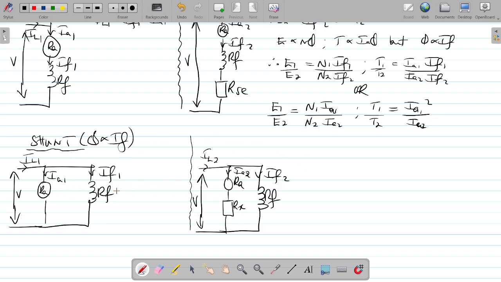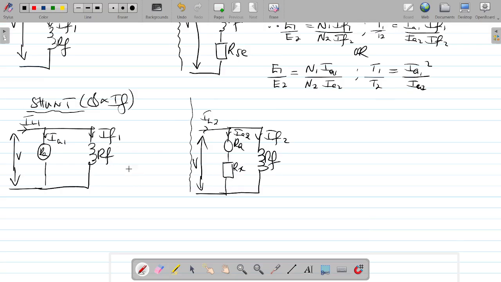In such a case as this one, you've read the statement that flux is proportional to the field. Now what's bound to happen? Let me create values like, let's say they give us a terminal voltage of 400 volts, field resistance of 200 ohms. Same as the new circuit, you'll still have terminal voltage 400 volts, field resistance 200 ohms.